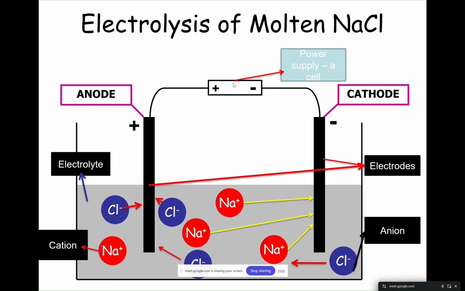The form of electricity you have from a battery is DC, so the setup is all a DC circuit. This positive pole is connected to the positive pole of the battery, and this negative pole is connected to the negative pole of the battery. This sodium chloride is the electrolyte, the solution that we pass the electricity into.